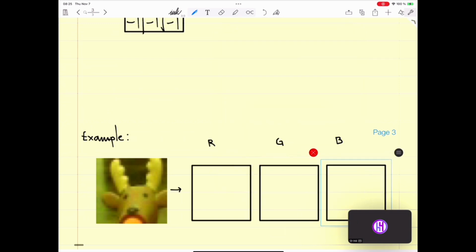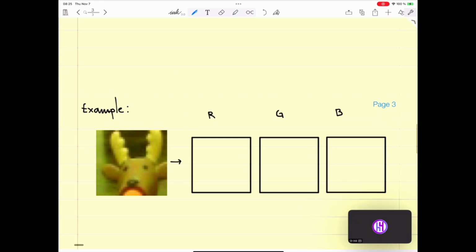So I'm going to take here the values, let's say, for the channel R: 1, 1, 0, 2, 1, 1, 2, 1, 1, 0, 0, 1, 2, 1, 1, and maybe 1, 2, 2, 1, 1, and 1, 0, 0, 1, 0.